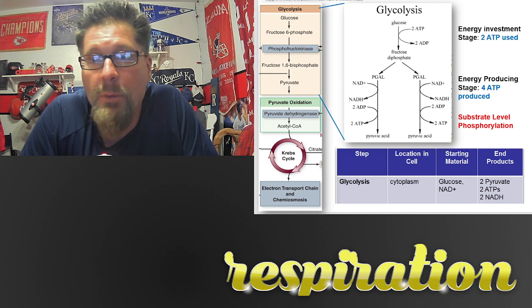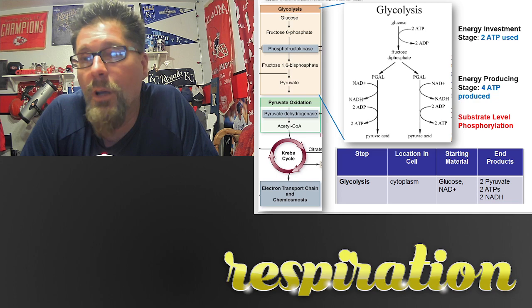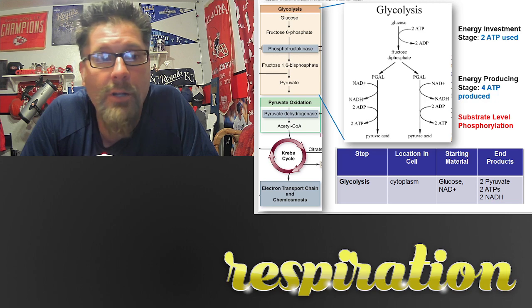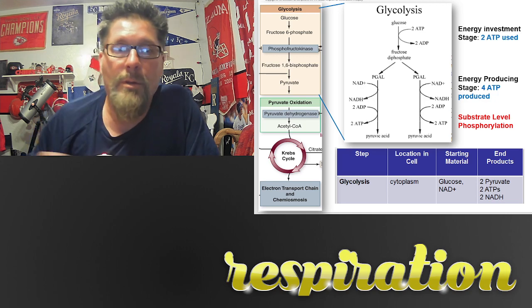But you can see in those purple boxes, we've got glycolysis, the stage, we've got the cytoplasm name, we've got the starting materials, and we've got the end products, those 2s. So when you think glycolysis, you want to think 2s: 2 pyruvates, 2 ATPs, 2 NADH molecules.